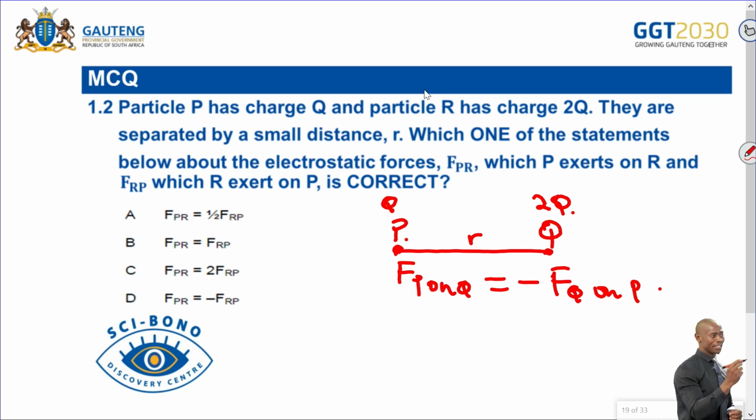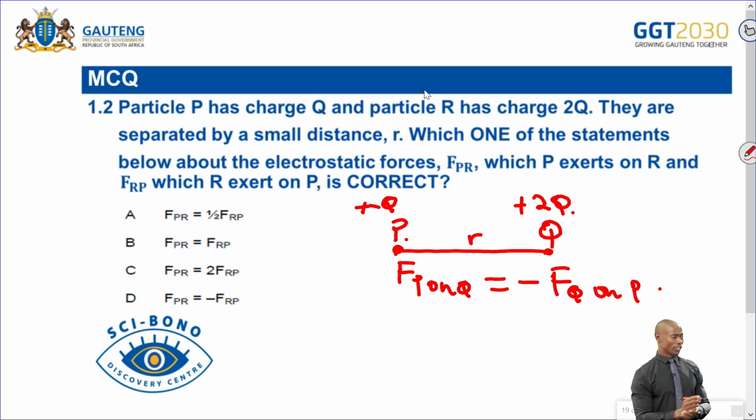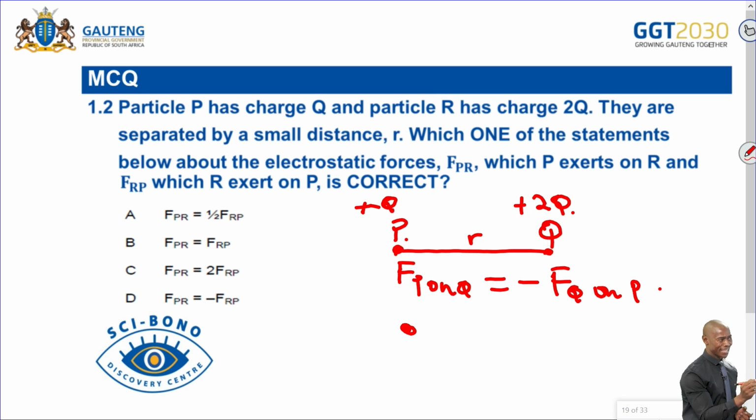So for example here, you have Q and 2Q. This is positive, this is positive, so there is a force of repulsion. If this dot represents P, there is a force of repulsion between P and Q.